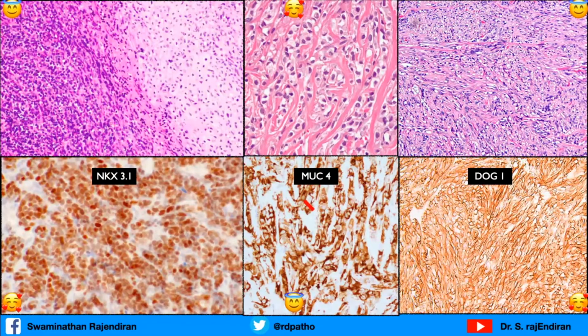And this tumor, you all know, is again a spindle cell hypercellular tumor that is nicely positive, with membranous and cytoplasmic positivity for DOG1. You all might have got the diagnosis. So NKX3.1 is a marker for mesenchymal chondrosarcoma, MUC4 for sclerosing epithelioid fibrosarcoma, and DOG1 for GIST.